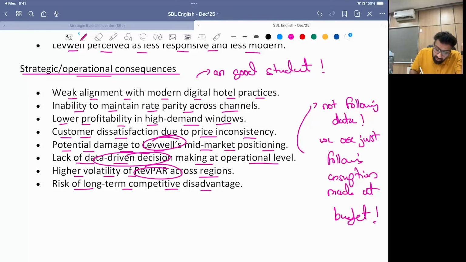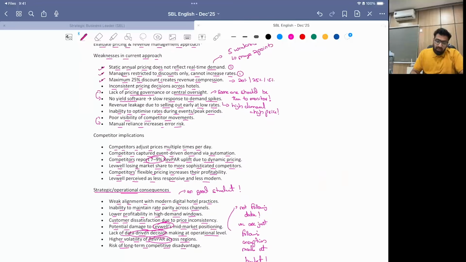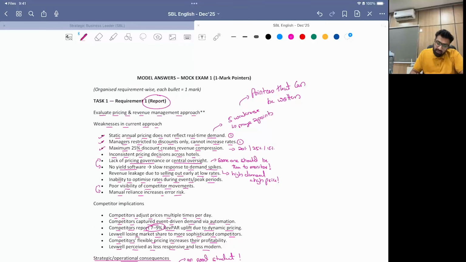And obviously, not all points are to be written in the exam. It should be the major ones, right? Major points would result in major marks.